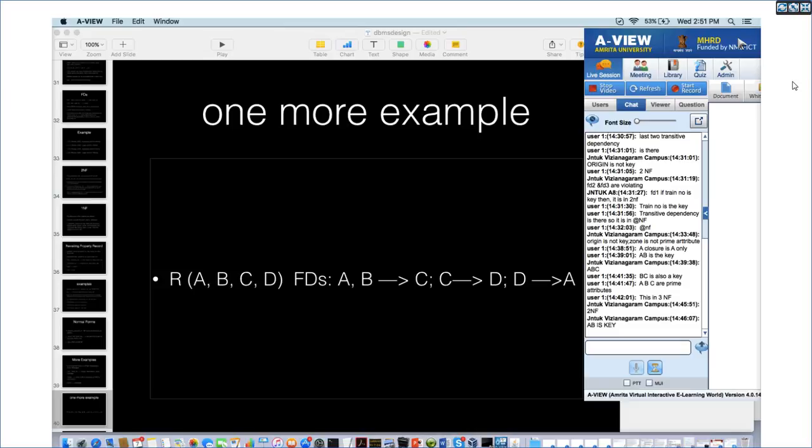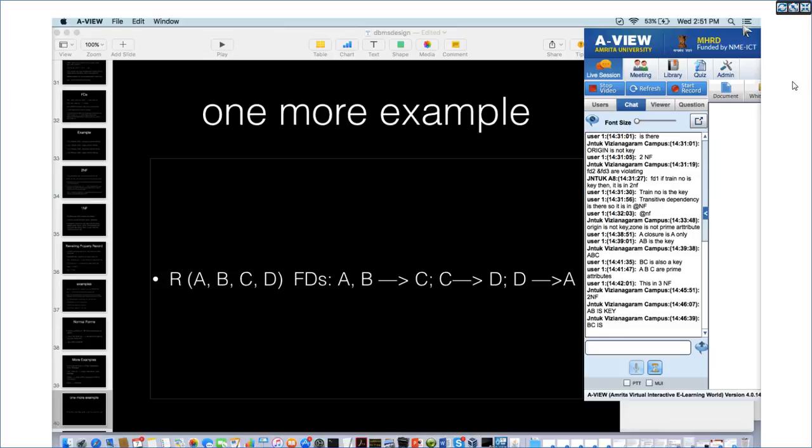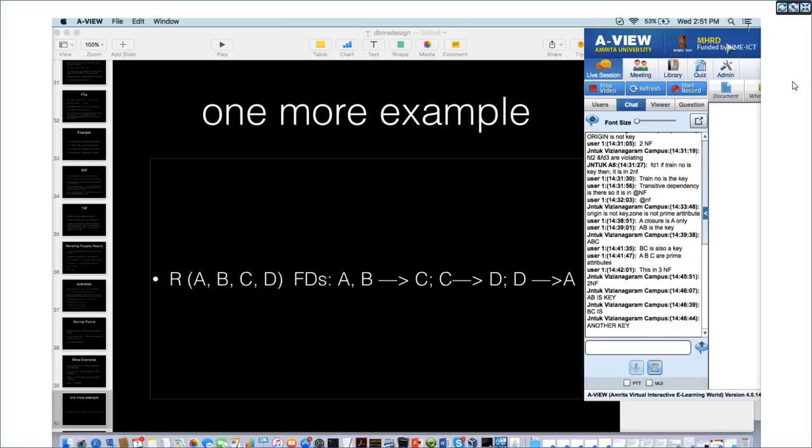BC is also a key, because if you start with BC, D and A will come, and then that includes the rest of it, right? Okay.